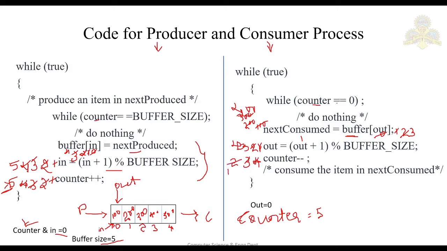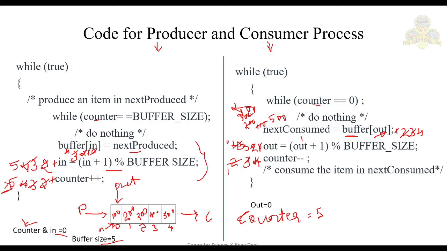Come back here. 1 is equal to 0. No. Then the updated value of out is 4. So out of buffer of 4, you have value 500. Place that in your next consumed variable. Then out value is 4. 4 plus 1 is 5. 5 mod 5. The buffer size, 5 mod 5.